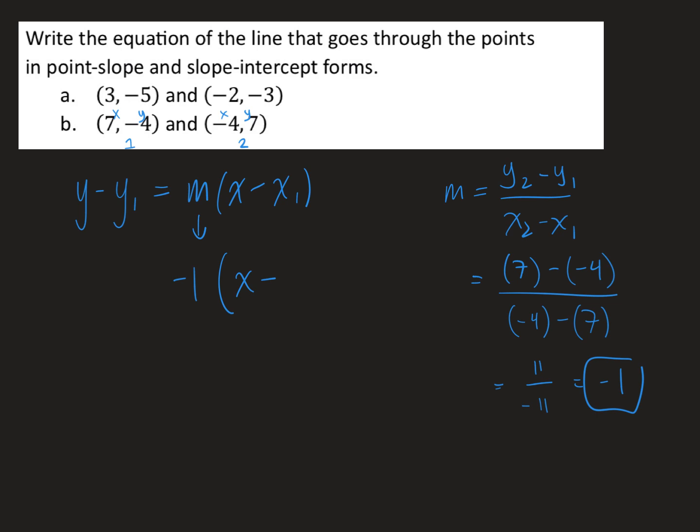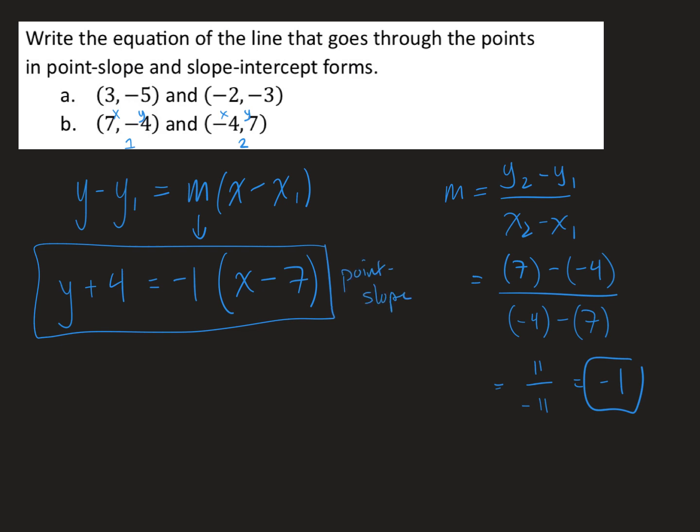So you can take the opposite of this value, the x value, and just plug it right into the equation. So x minus 7. And we can do the same thing for the y value. Take the opposite of that, plug it right into the equation, plus 4. So this is the point slope form.